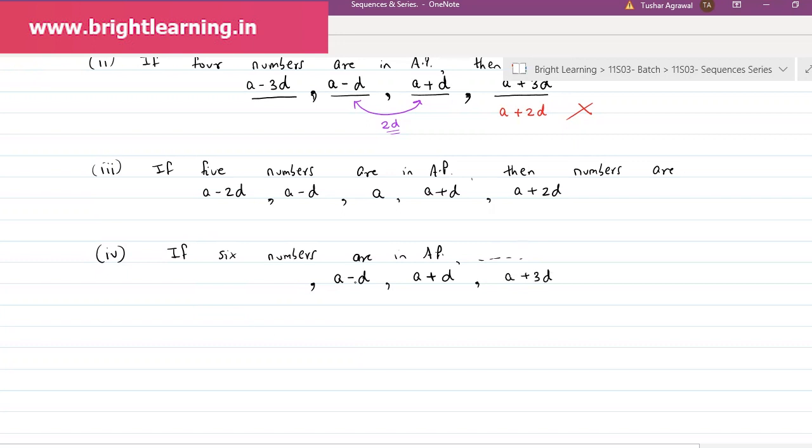Here it will be A minus D subtraction 2D, so it will become A minus 3D. Then the next addition 2D, so A plus 5D, A minus 5D. So these are some properties of the arithmetic progression.